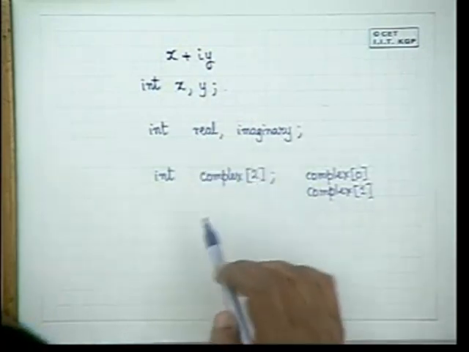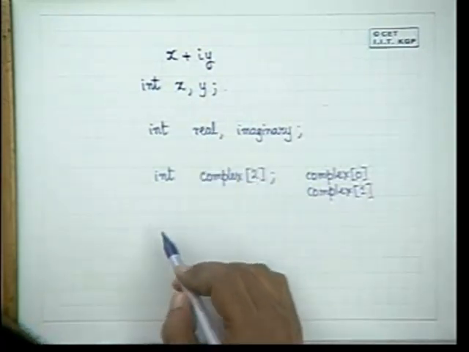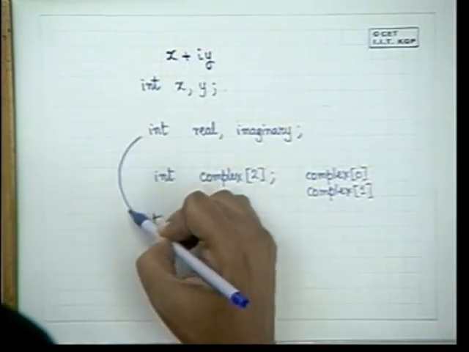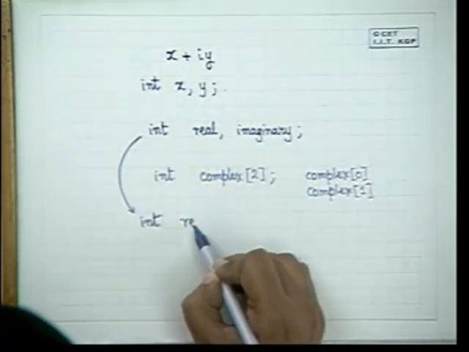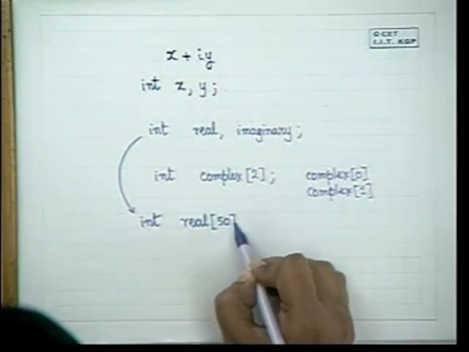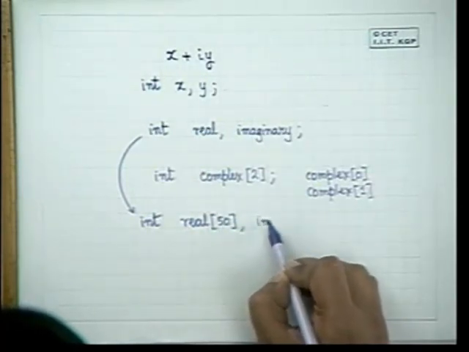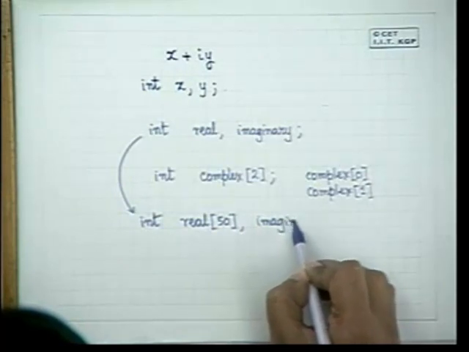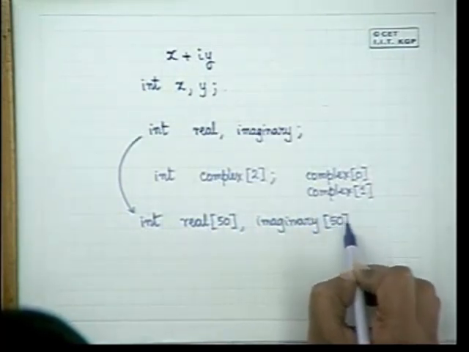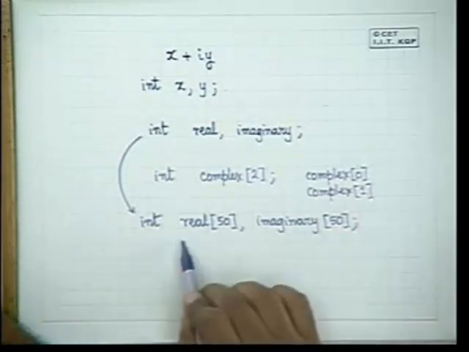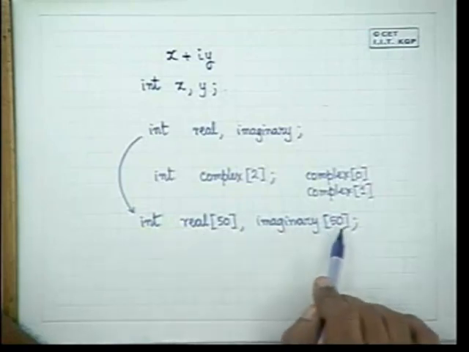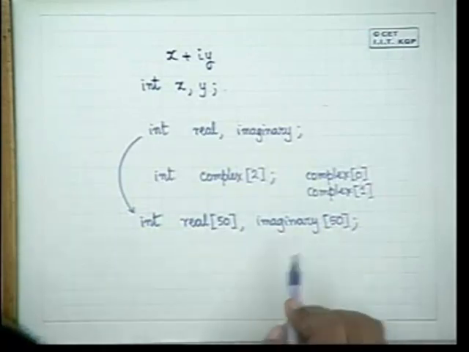If we take this option to define an array of complex numbers, we would define a real array, say 50, and an imaginary array 50, and use the indices to indicate which is the real part of this number and the imaginary part of this number.